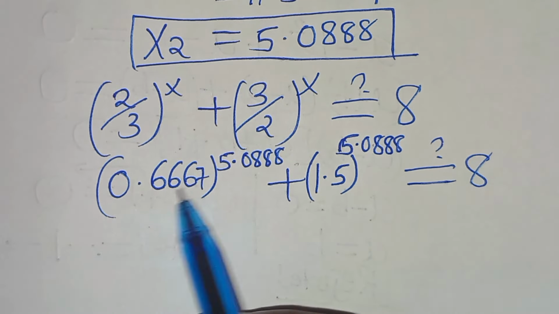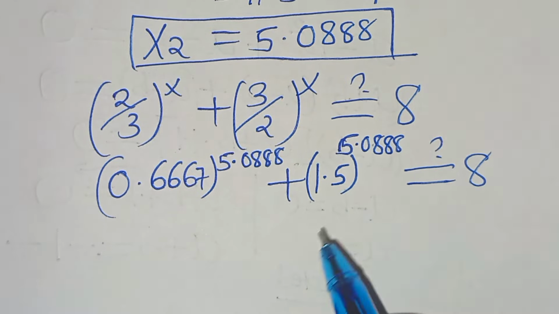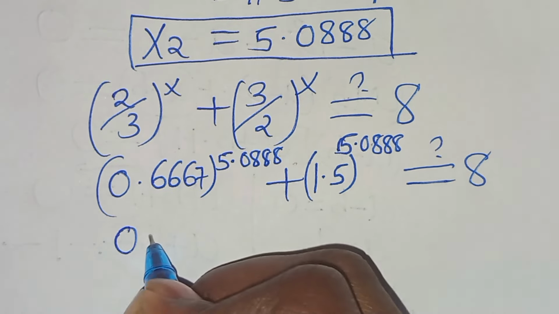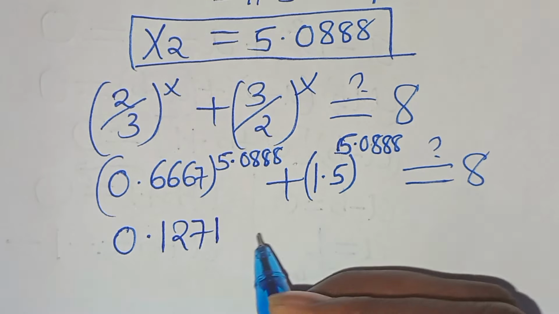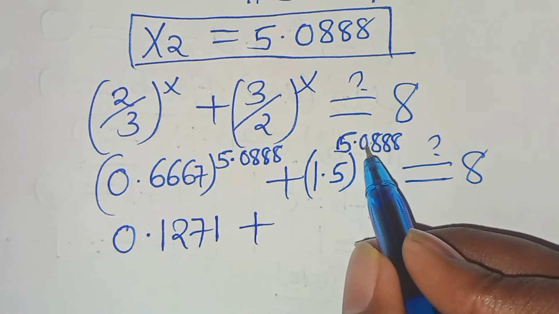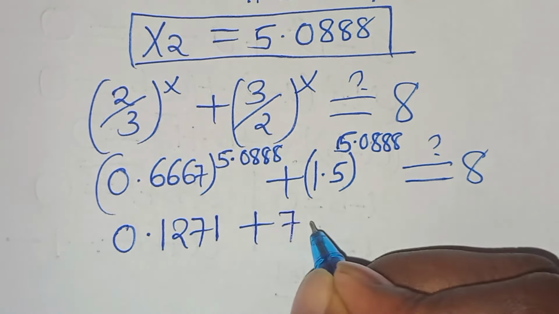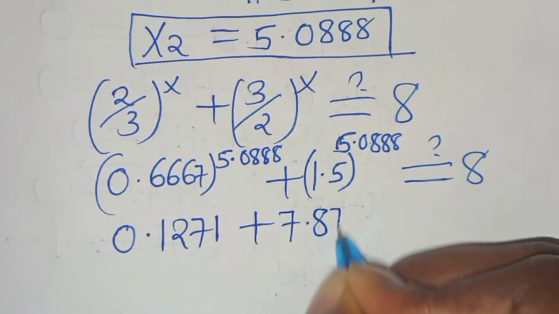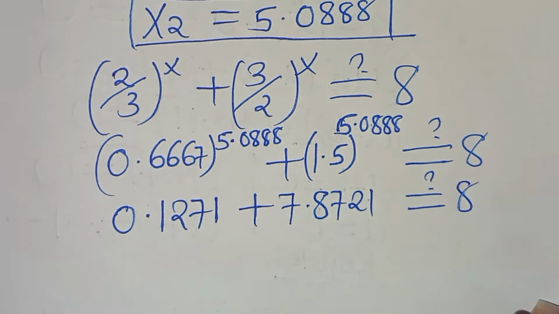Now, 0.6667 raised to the power of 5.0888 is the same thing as 0.1271. Then plus 1.5 raised to the power of 5.0888, which is the same thing as 7.8721, and this should be equal to 8.